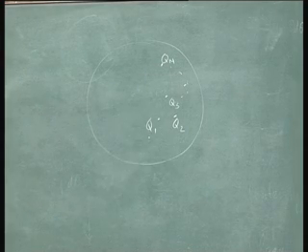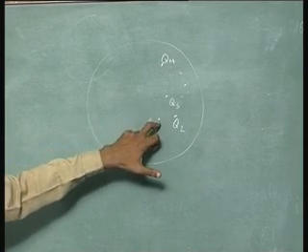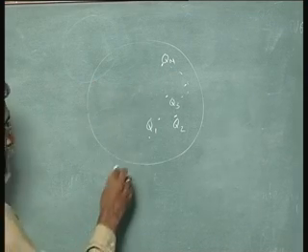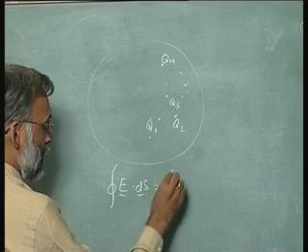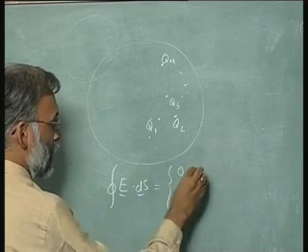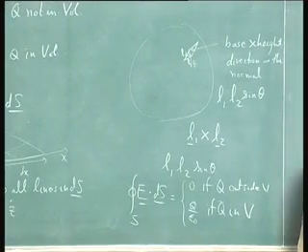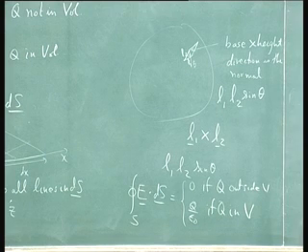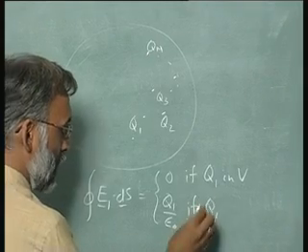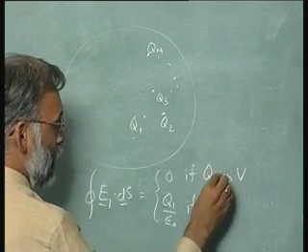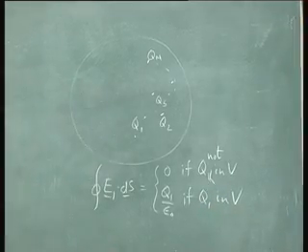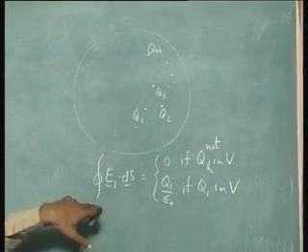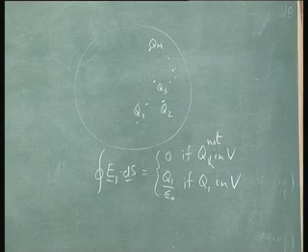Now, I already know that for any one charge, this is going to happen as volume integral E dot ds equals 0 if I will call it E1, q1 not in V, q1 over epsilon naught if q1 in V. Similarly, E2, similarly E3, etc.